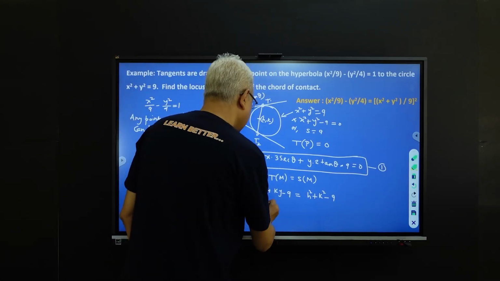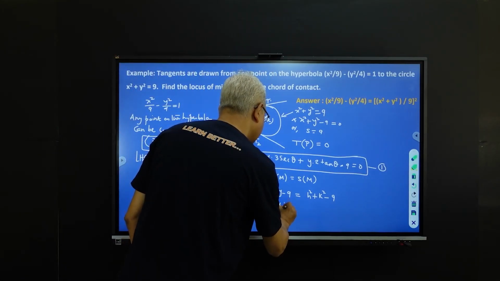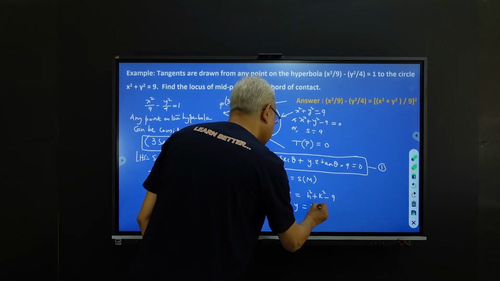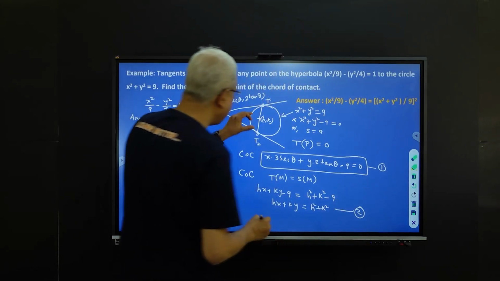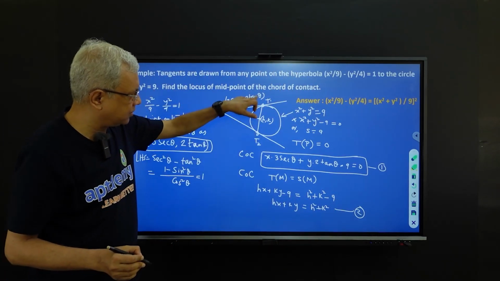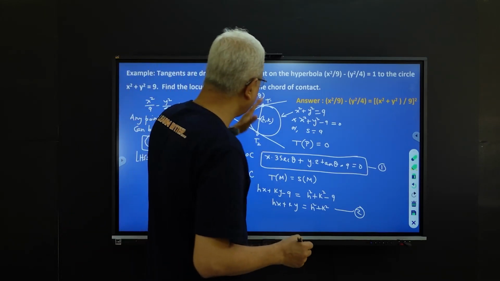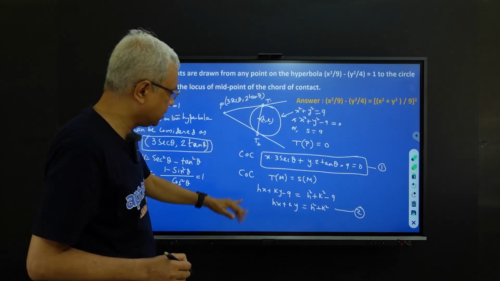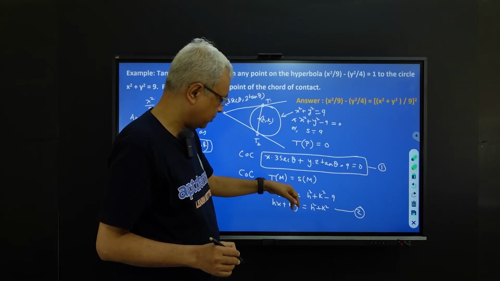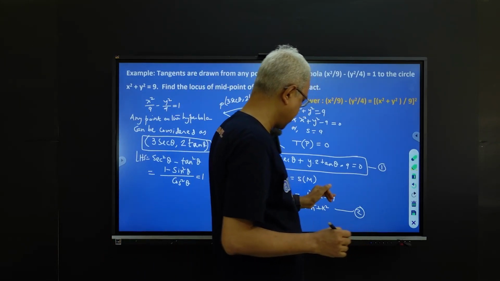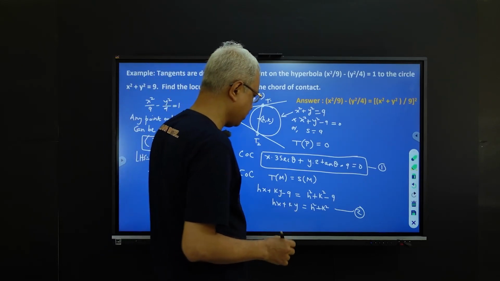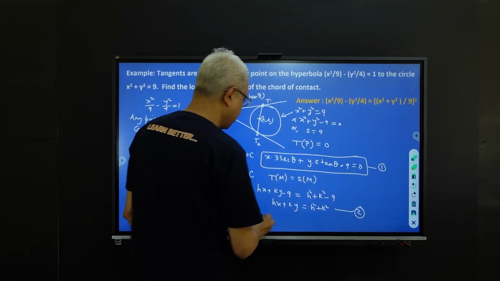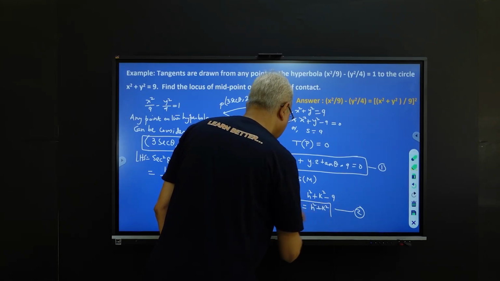So this is hx plus ky equal to h square plus k square.